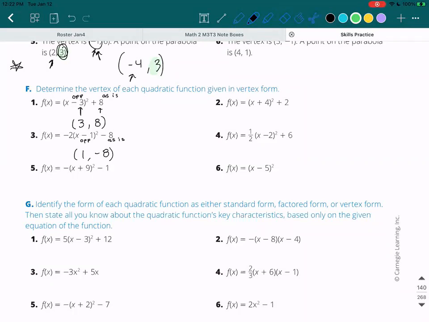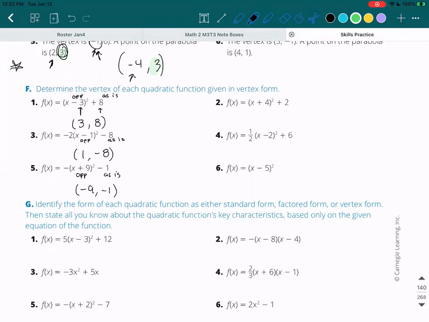And then finally for number 5, we have opposite here, and then as is for outside. So if it says +9, and we want the opposite of that, we're going to want -9. And then for the -1 on the outside, we're going to take it as is, so it's -1.